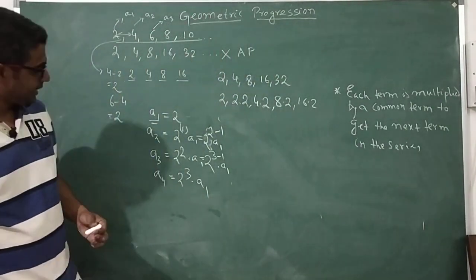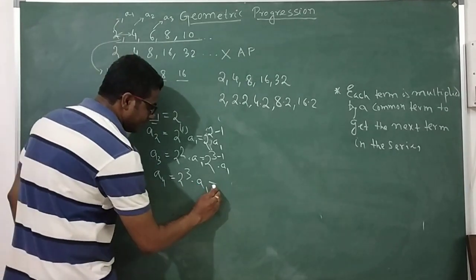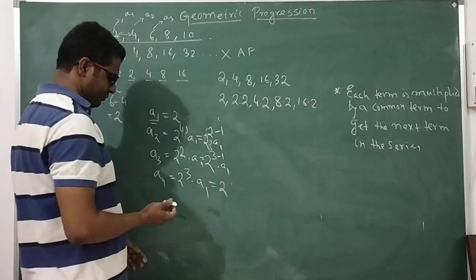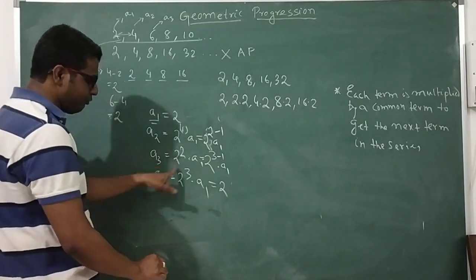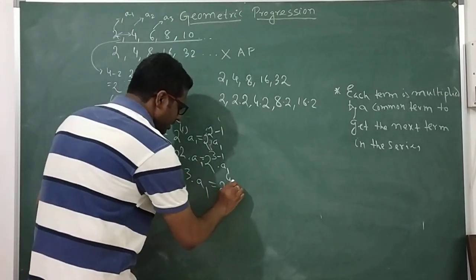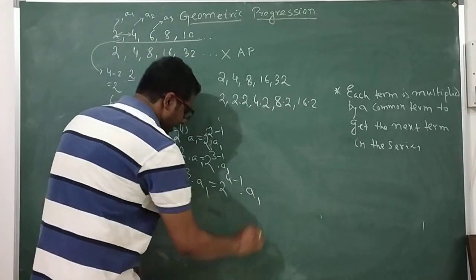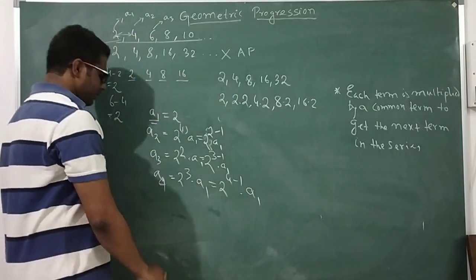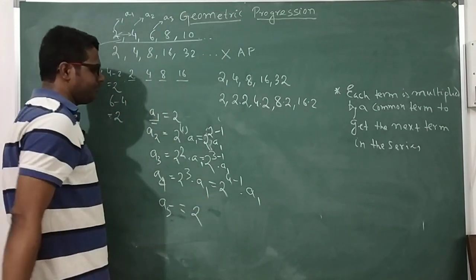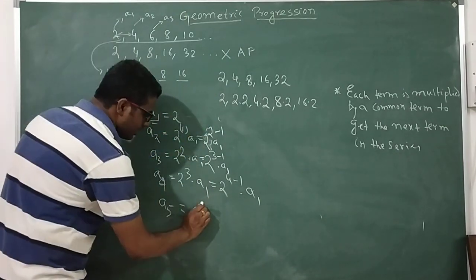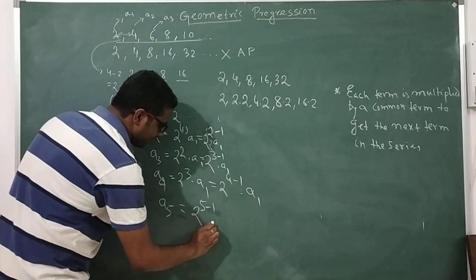Okay. Next, 2 to the power 3, that means 2 to the power 4 minus 1, this is A4, into A1. So likewise, if I try to find A5, obviously it will be 2 to the power 5 minus 1 into A1.